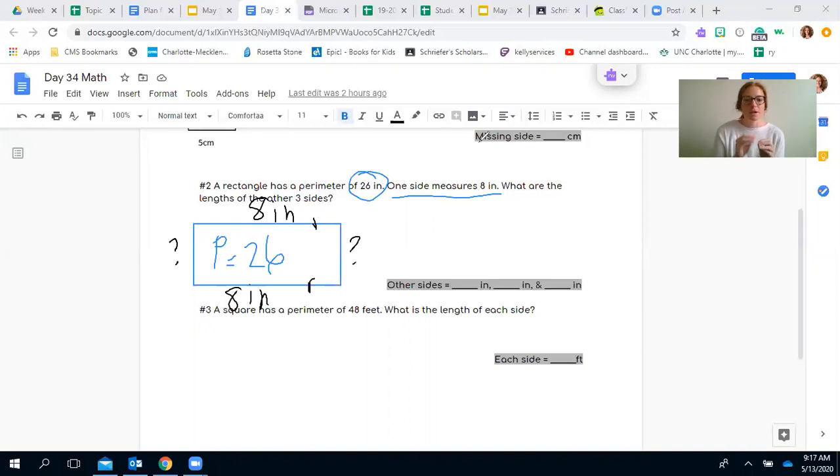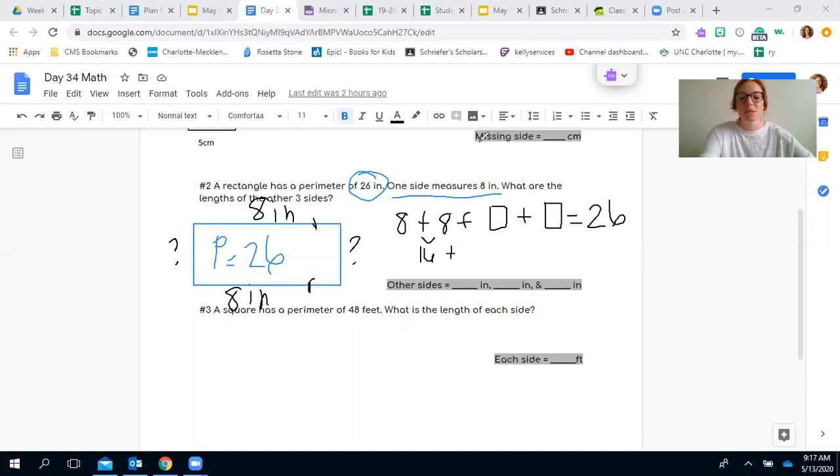We know that the perimeter is all sides added together. So I know that it's going to be 8 plus 8, because we know those two sides, plus the right side plus the left side. And that is going to equal 26. 8 plus 8 is 16.